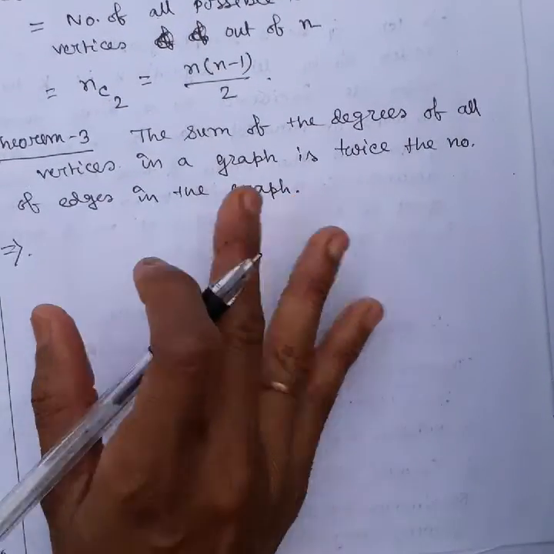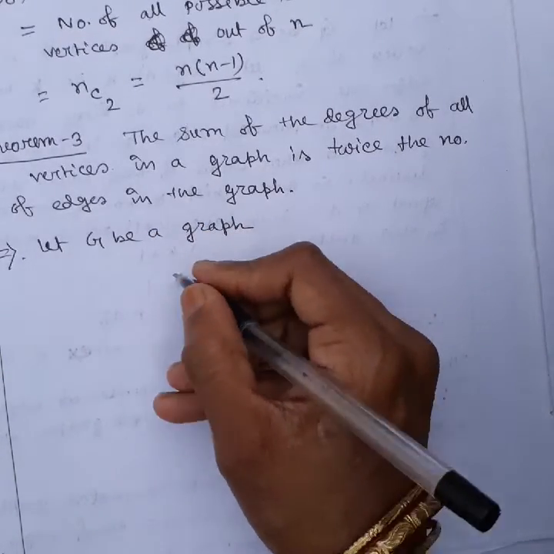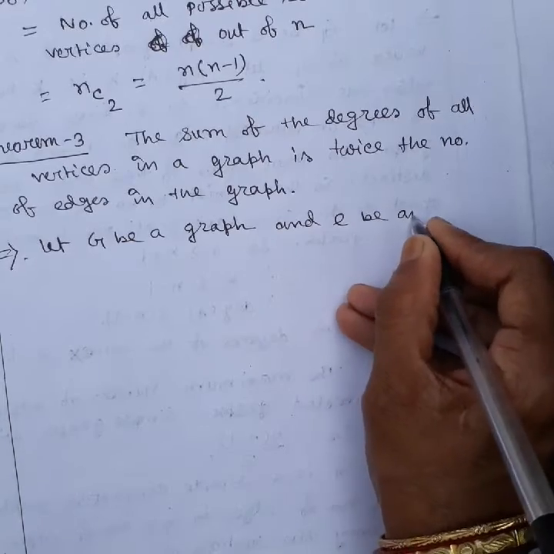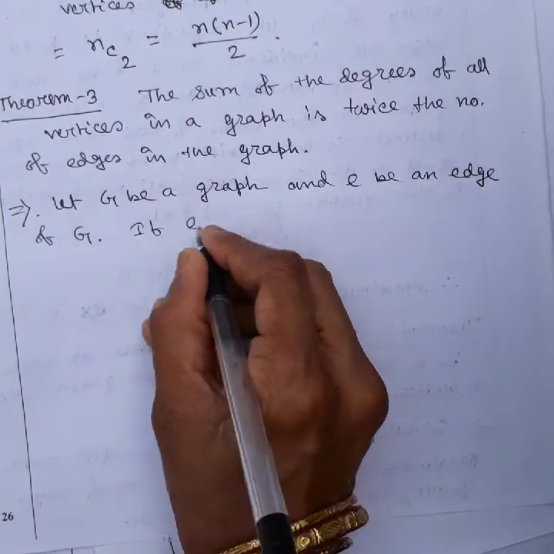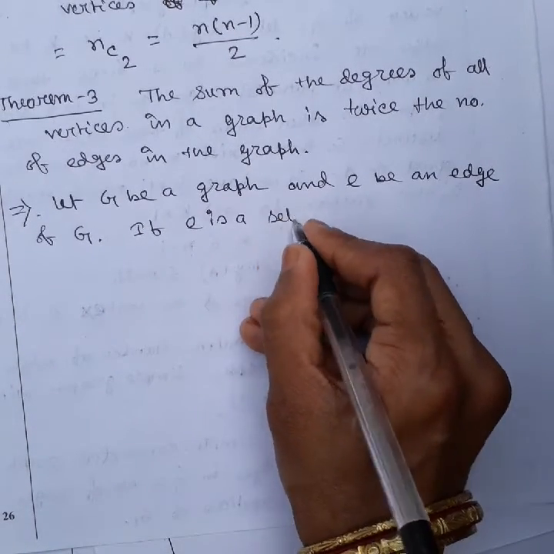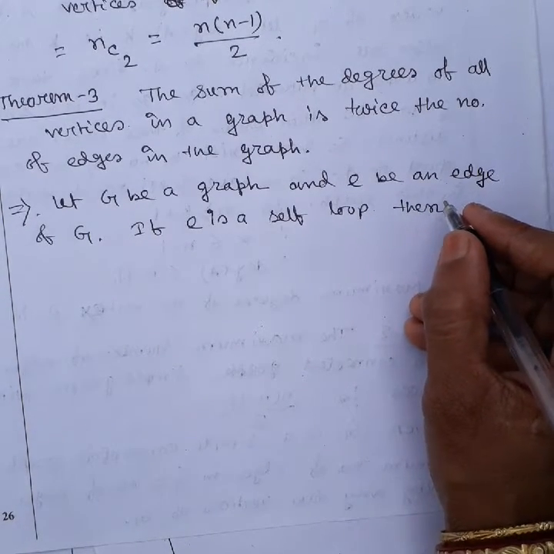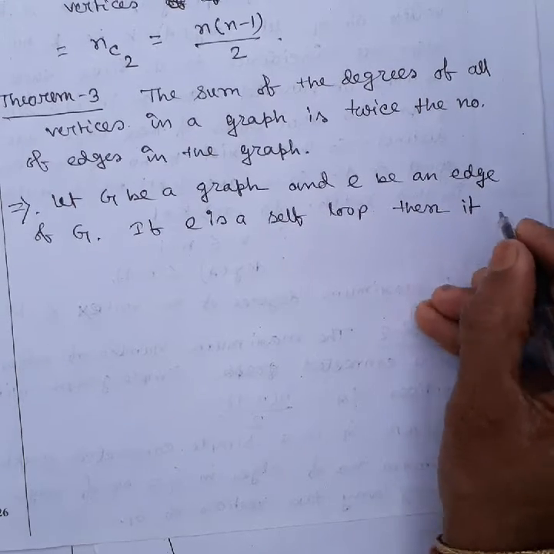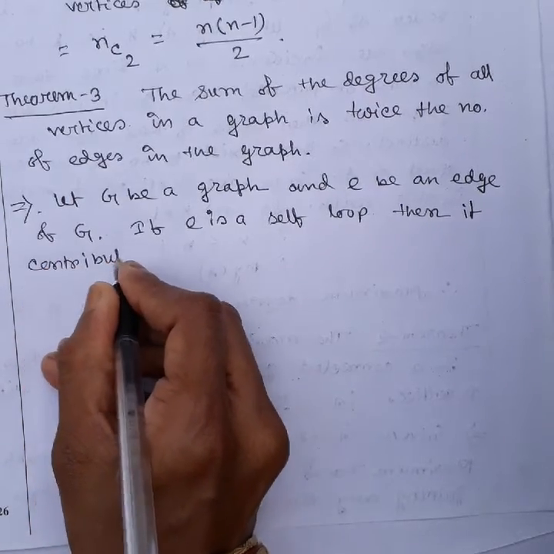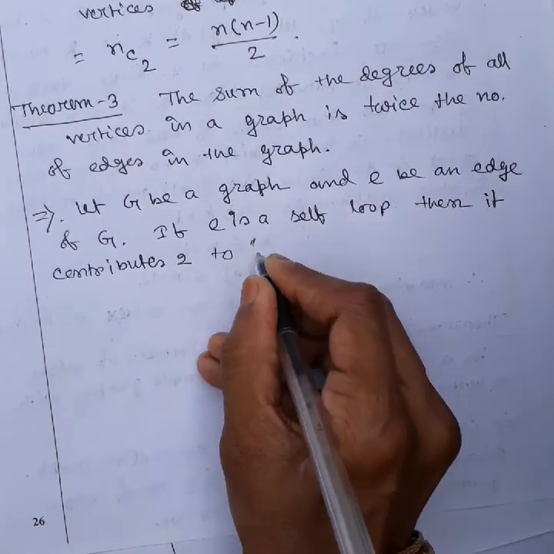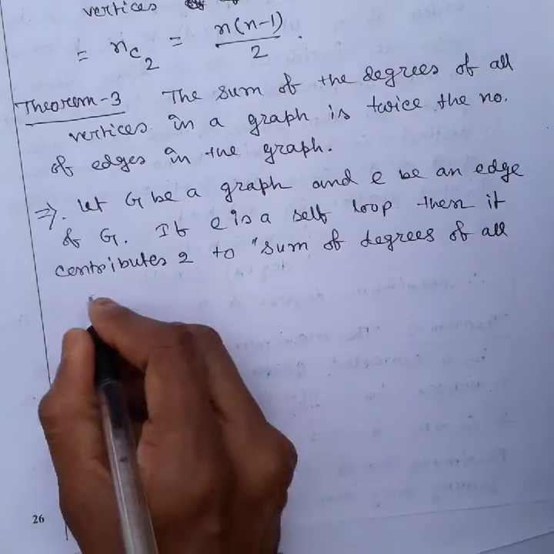Here also we let G be a graph and E be an edge of G. If E is a self loop, then it contributes 2 to the sum of degrees of all vertices.